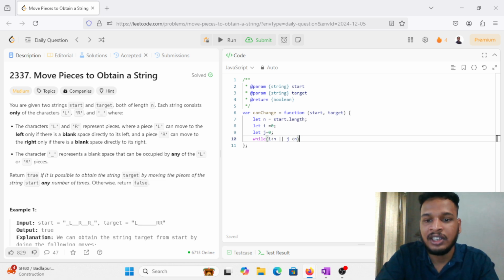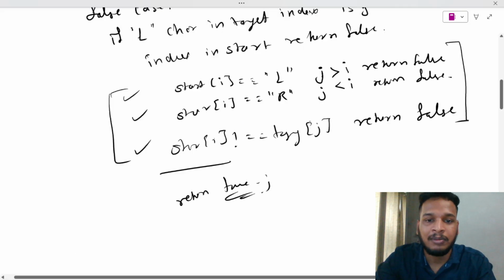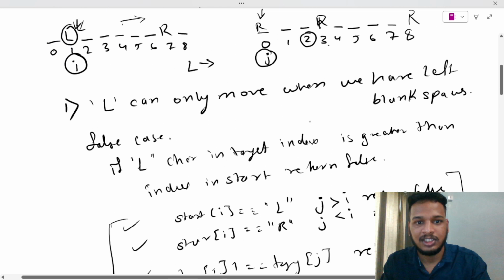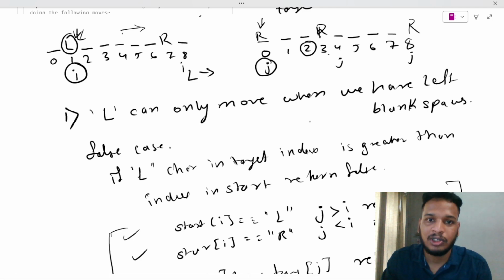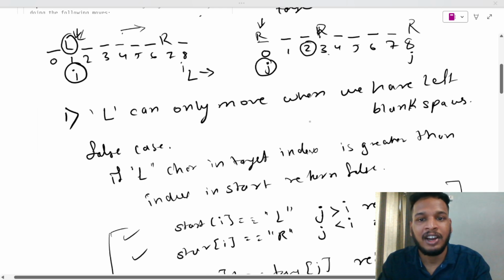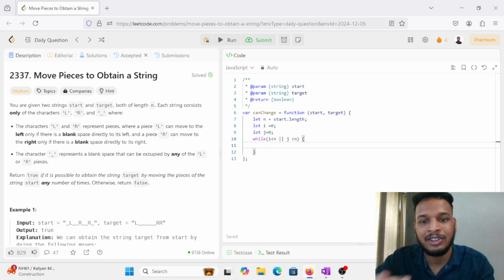Why j less than n? Maybe finally we will reach j right over here, but I will be somewhere over here. Those edge cases are there. That's the reason I have given while I is less than n or j less than n.